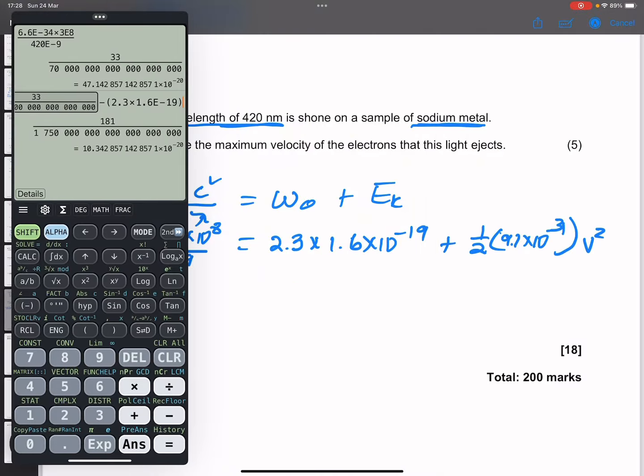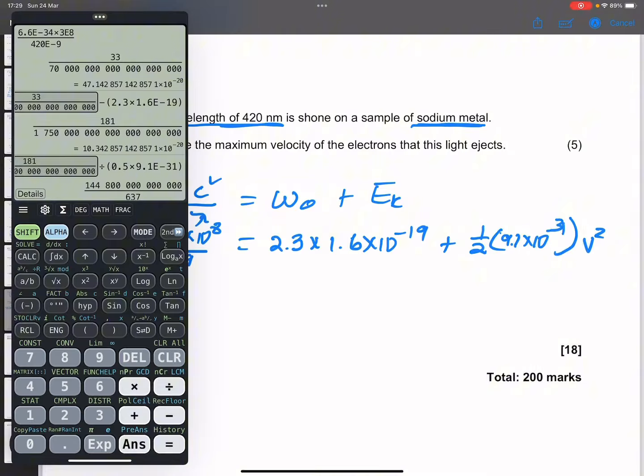And now we are going to divide all of that by a half, so 0.5 times 9.1 exponent minus 31. So I've got that answer there.